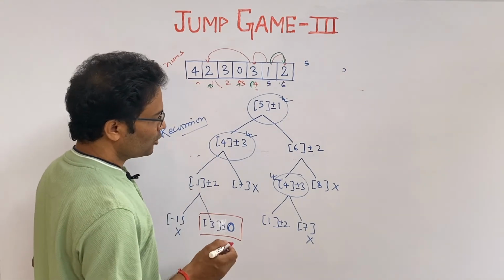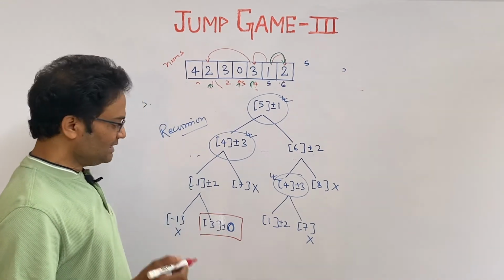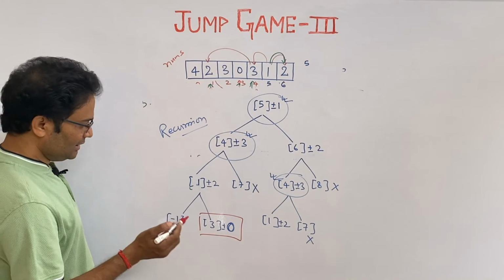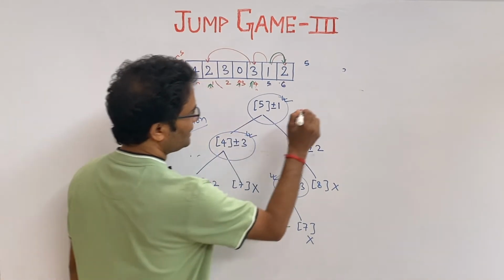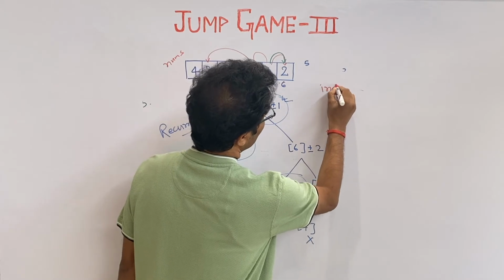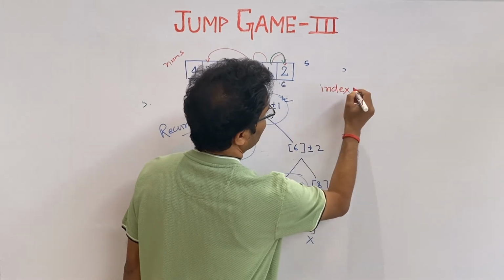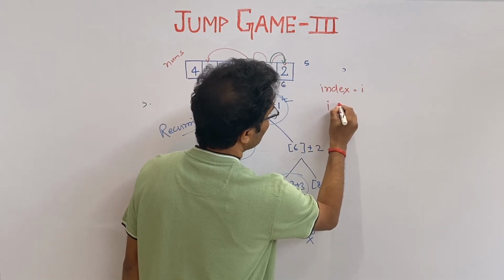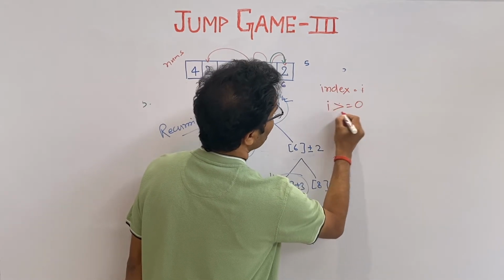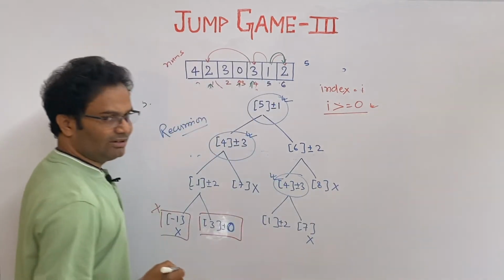We have to not visit any index whose value is less than 0. So any time, suppose your index is equal to I, I should always be greater than 0, right?